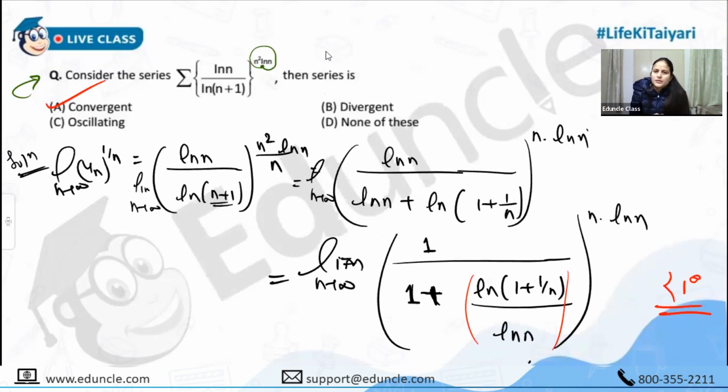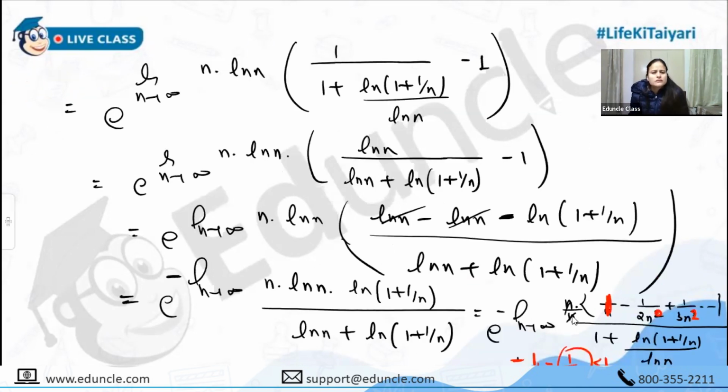Yes Aniket, limit value is 1/e, correct. Yes, okay. Pranshu saying I am right, but Pranshu, you said its limit is 1. You were saying the value of limit is 1, but the limit value is not 1.